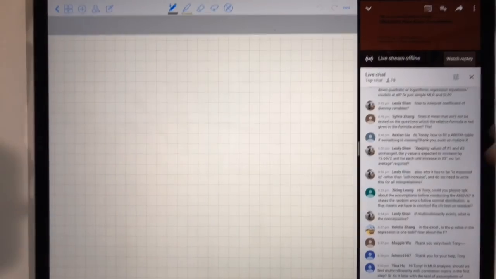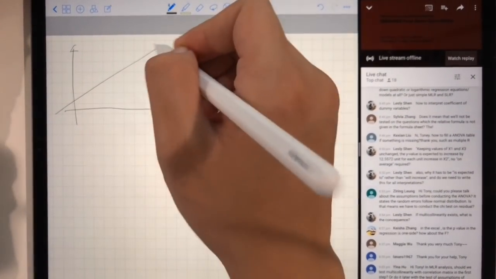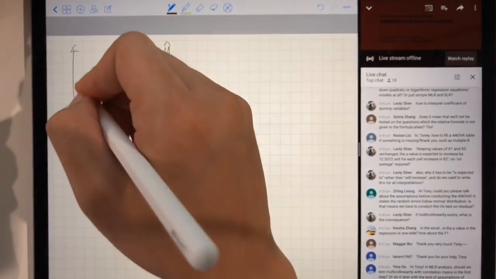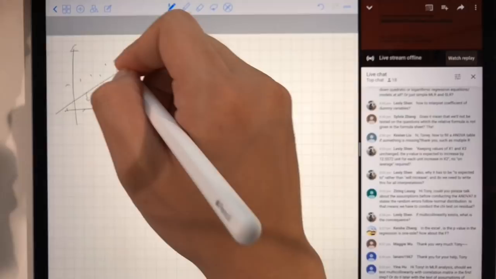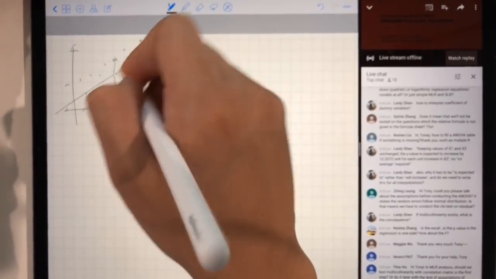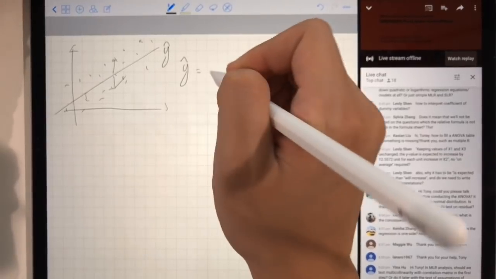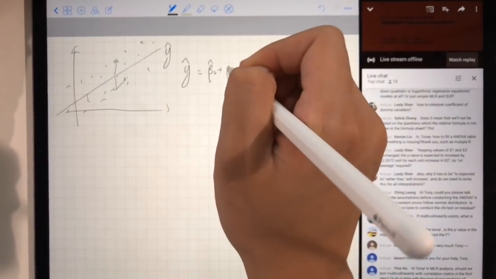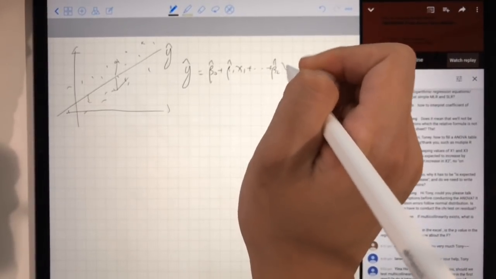So actually, what we are estimating is the average of y, which is y hat, right? But you can see the actual y's are either higher than y hat or lower than y hat, right? But our estimation is based on y hat, so beta 0 hat plus beta 1 hat x1 and so on, plus beta k hat xk, right?